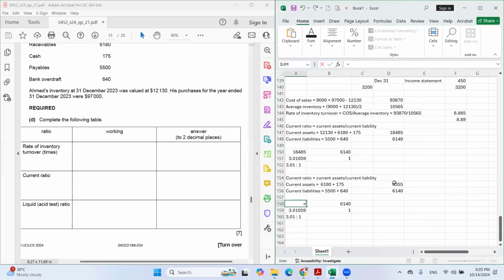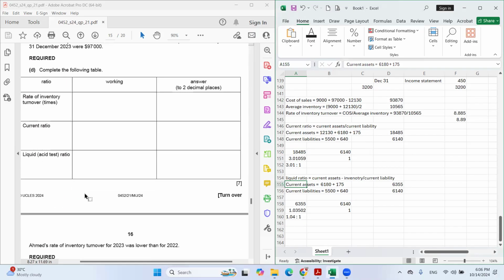And then you notice that after this, your ratio changes to 1.04 to 1. So this is the acid test ratio, no inventory. Okay, so this is liquid ratio. Liquid ratio, don't take the inventory: current asset minus inventory.